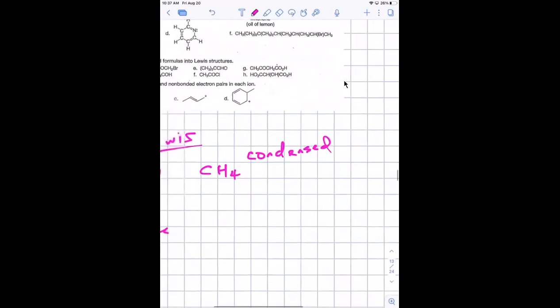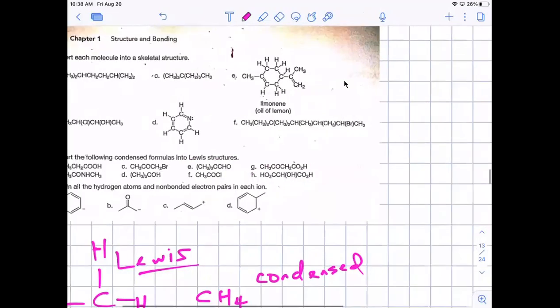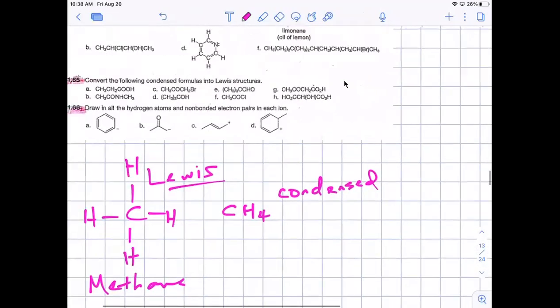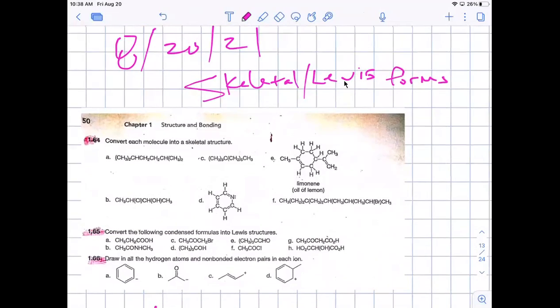Right, that's the condensed form, where you don't show the bonds. You basically show the atoms without showing the bonds. All right, so we're going to work through several of these examples, just going back and forth between skeletal and condensed and drawing, and we're going to work through the ones with different atoms so you can just see how this works. So we'll take the last 12 minutes of this class and do that.